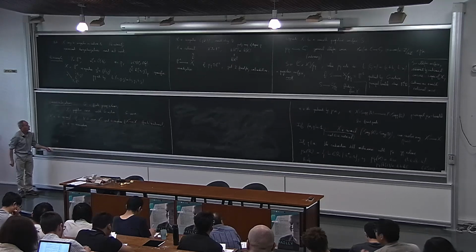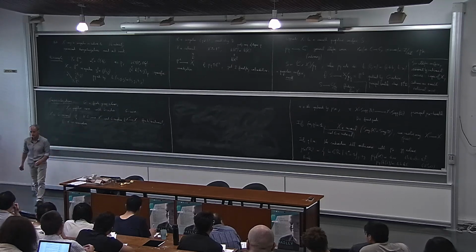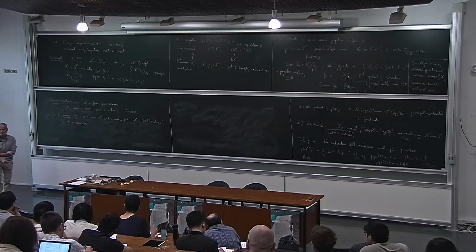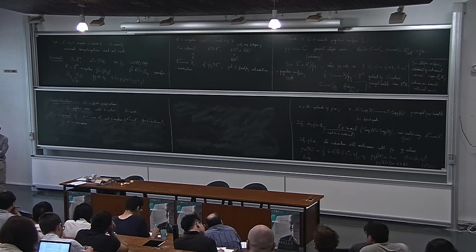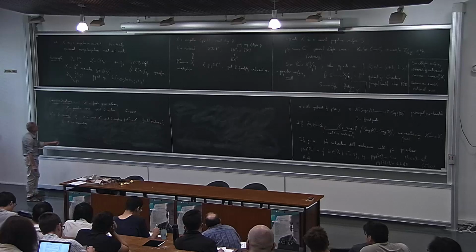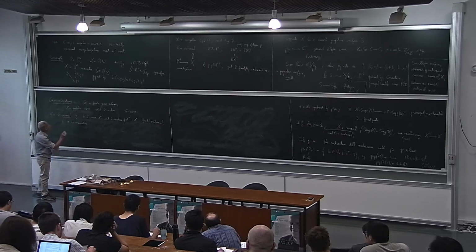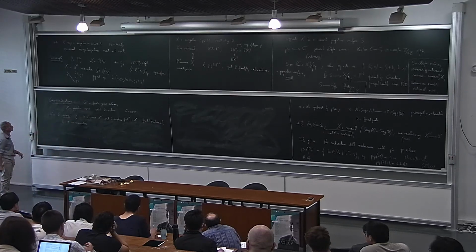So if you don't have any G, you find some geometric version of the condition for a curve to be normal or smooth. And here, as seen in this example, you get something slightly new.